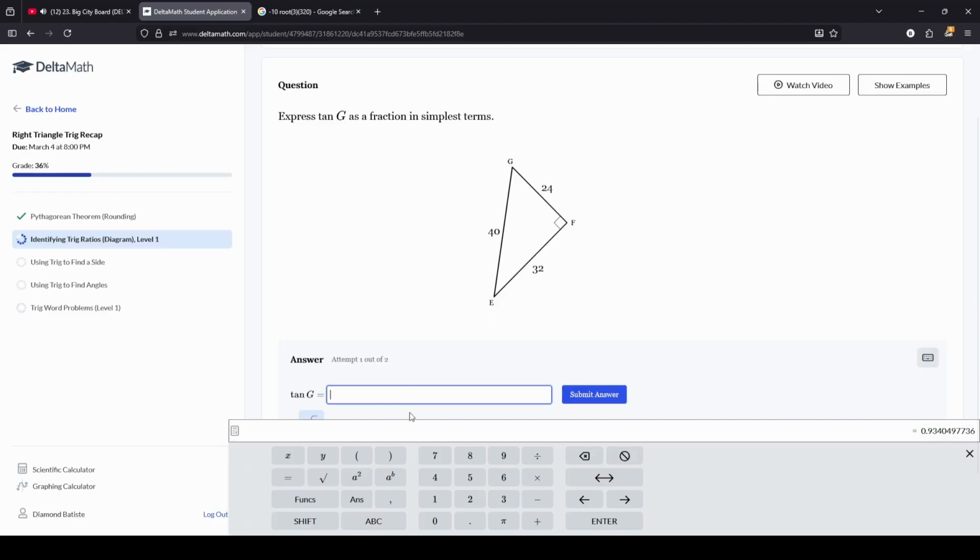Tan and G. Let's see, G is the right. This time we won't mess up again like last time. Okay, so let's see. The T goes in the left, and the 10 goes in the bottom. So 32 below, and 24 on top.